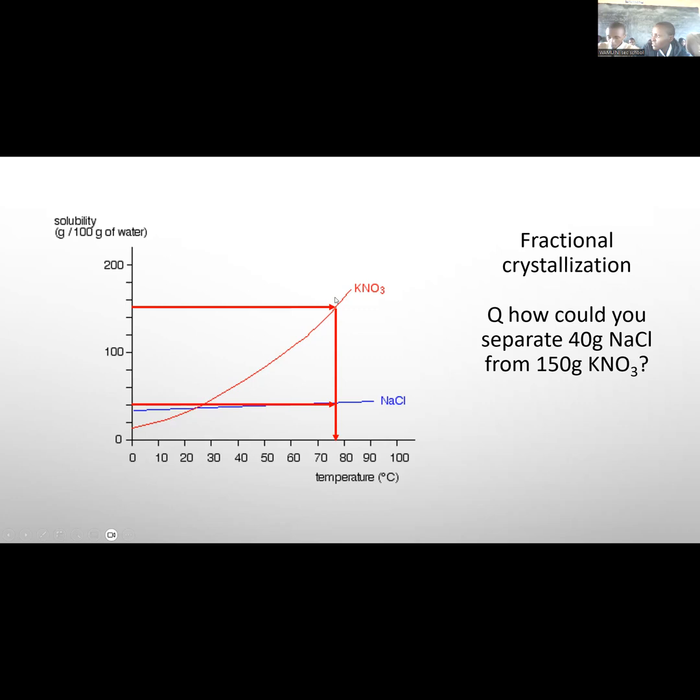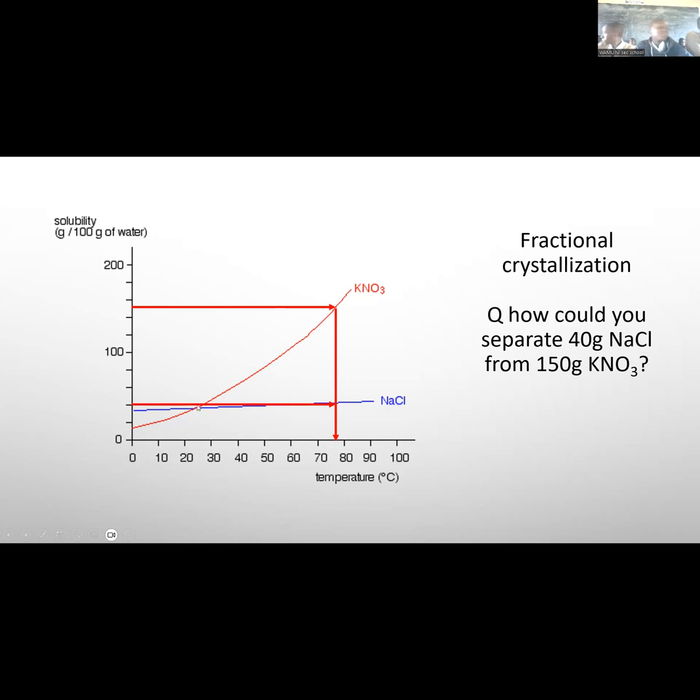Its maximum solubility of 150 grams was at 76 or so, 77 degrees Celsius. So if I cool that down, potassium nitrate will come out of solution until at 25 or so, there is only about 40 of it left.